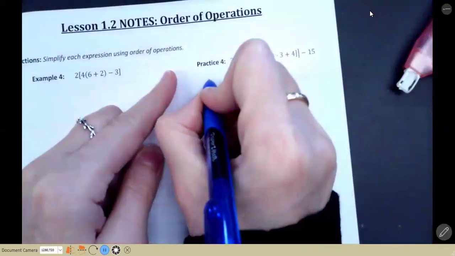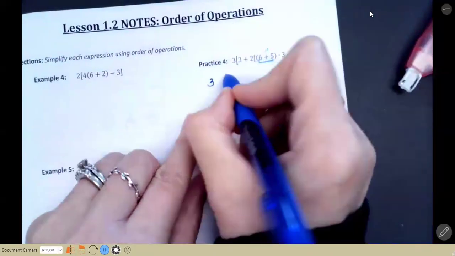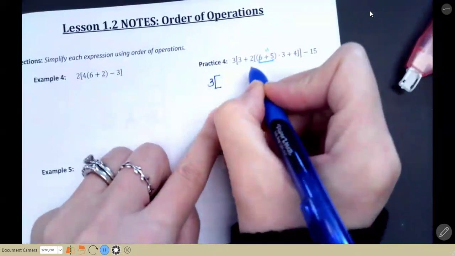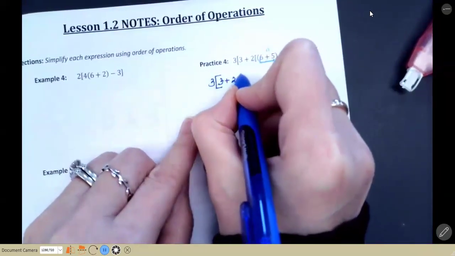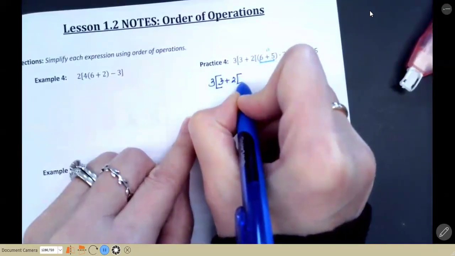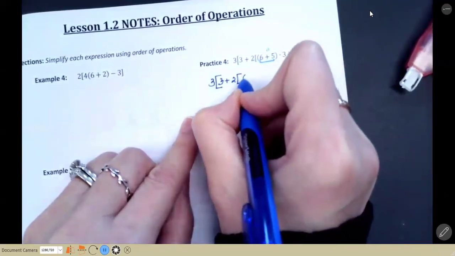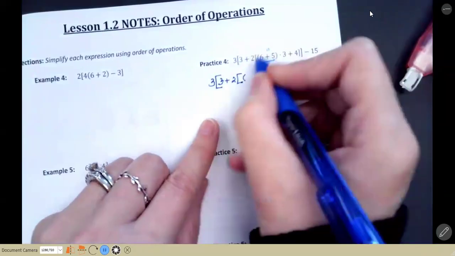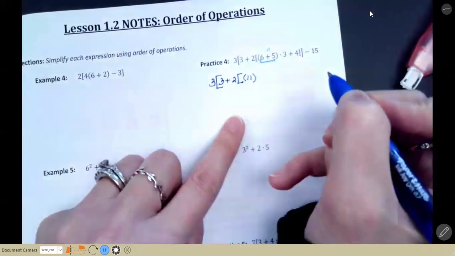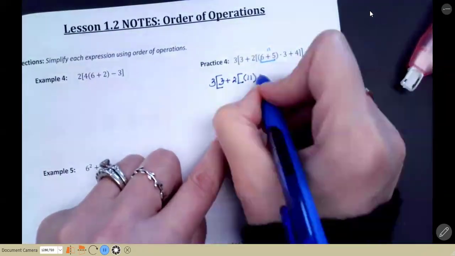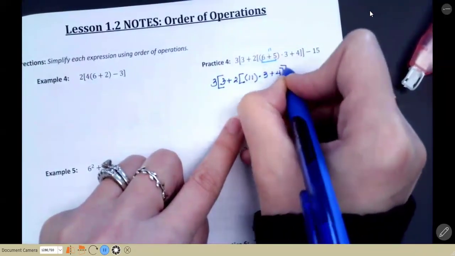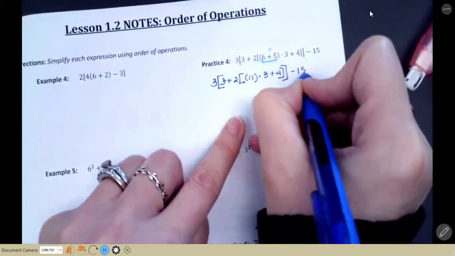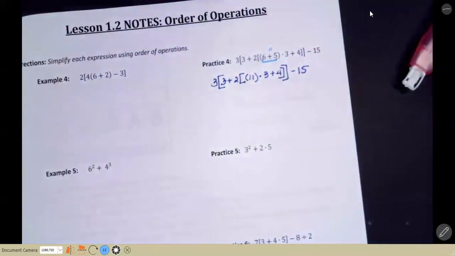So you have 3, and you start your bracket, 3, and I would write big. You start another bracket with the parenthesis that we solved, 6 plus 5 is 11, and then write everything out just like it is. Bracket, bracket, there's a double bracket there. See how that works?